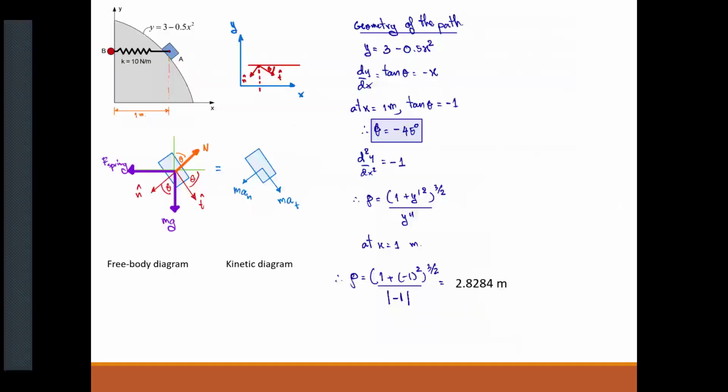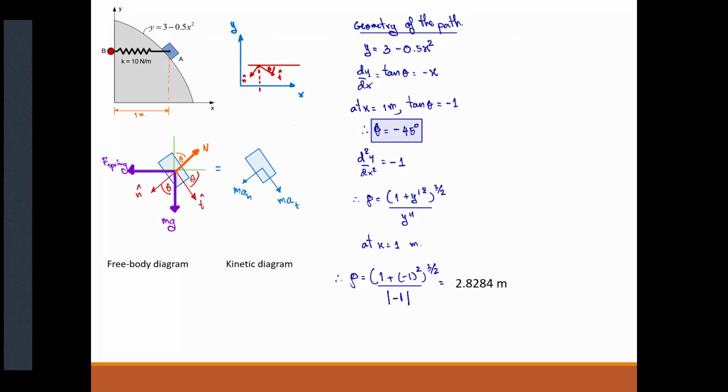We start by setting up the coordinate system. You see that for this case, it's not convenient to solve the problem in the XY coordinate system. So it's better to solve it in normal and tangential coordinates.